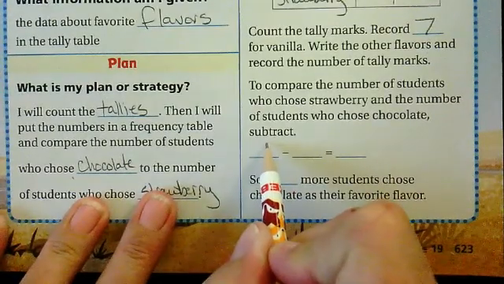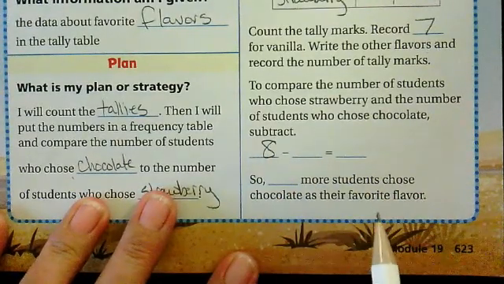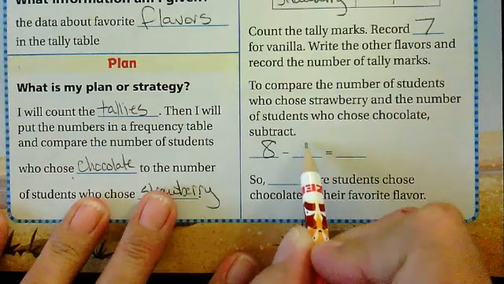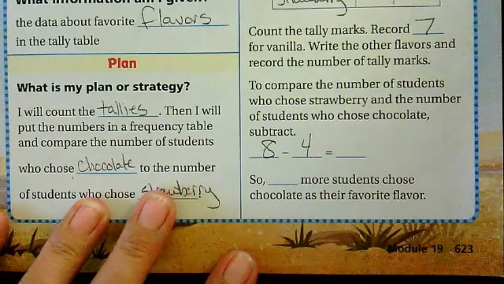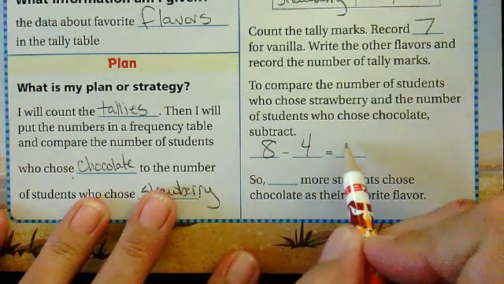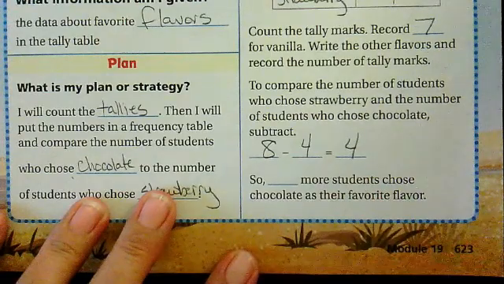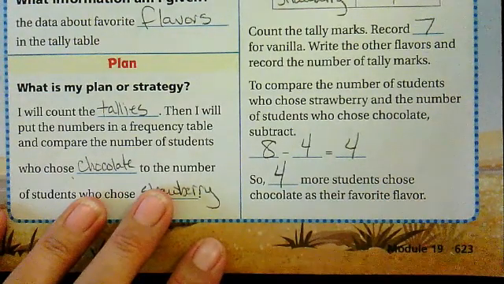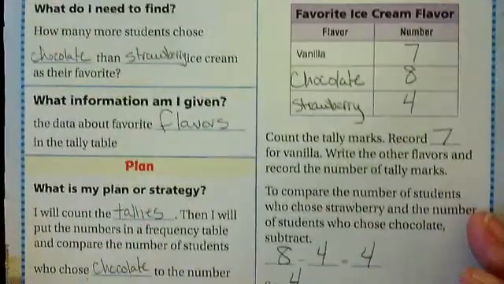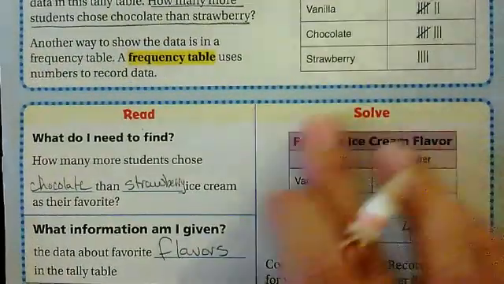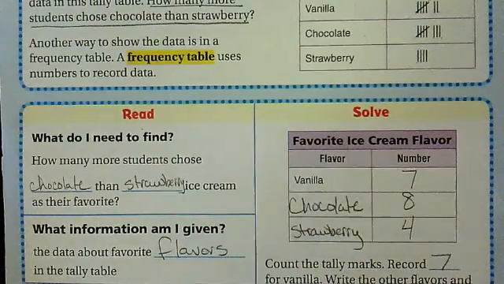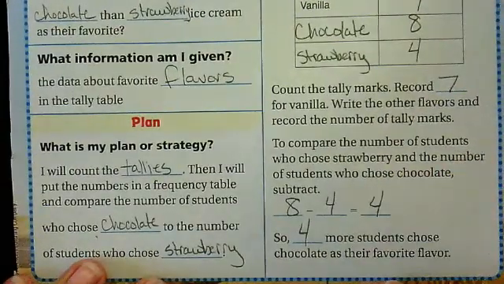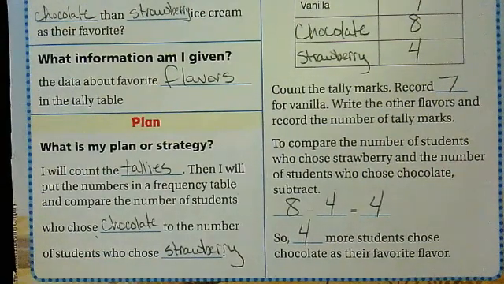The biggest number is chocolate, and that was 8. And then we compare it to strawberry. 4 kids like strawberry. So 8 minus 4 is 4. So 4 more students chose chocolate as their favorite flavor next to strawberry. All right, this is how we can use a frequency table to help us solve a problem. On the next page, you'll see me do a couple more.